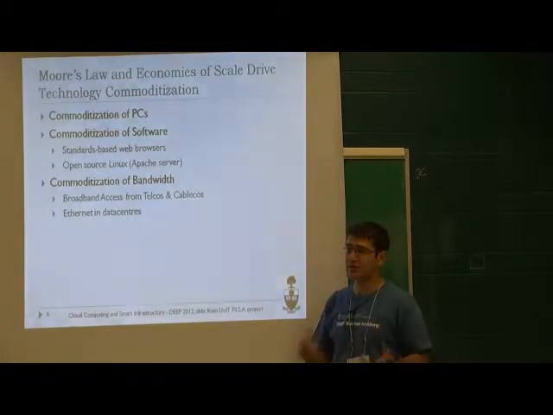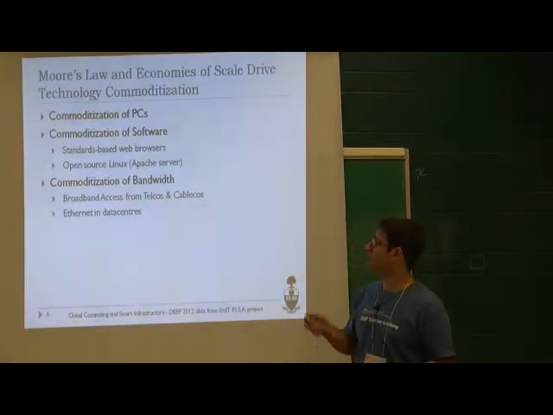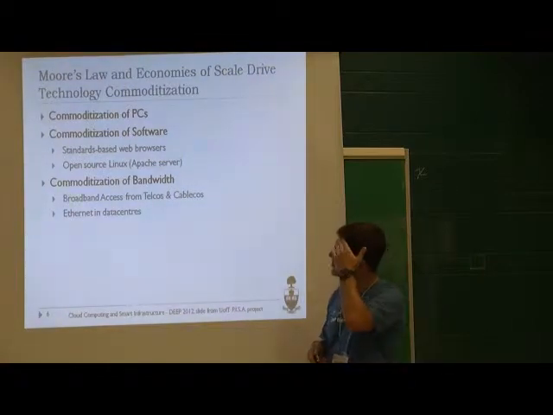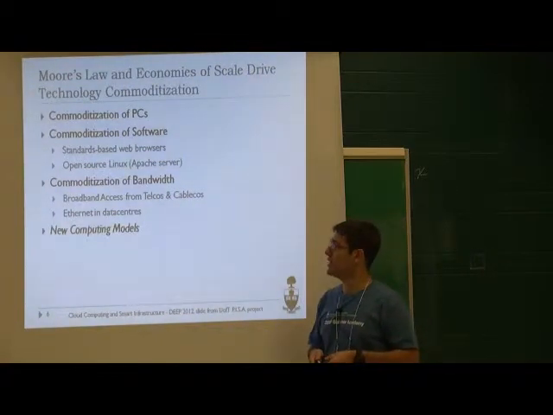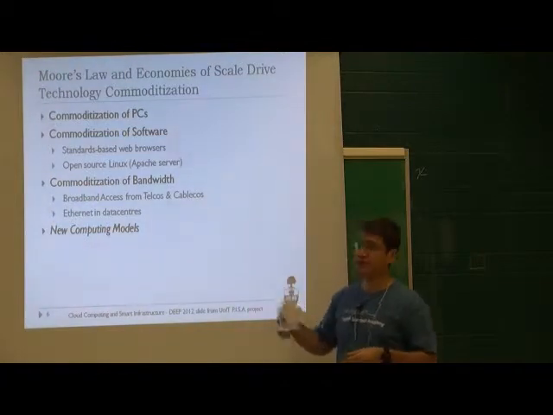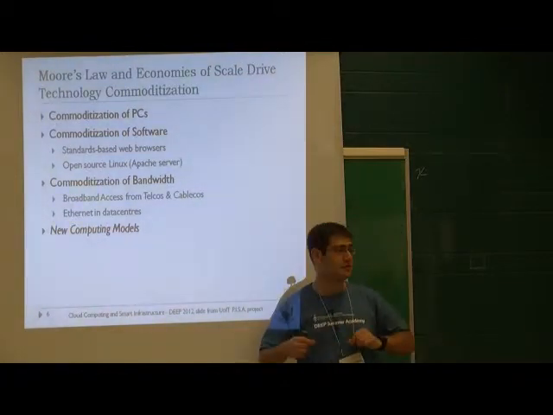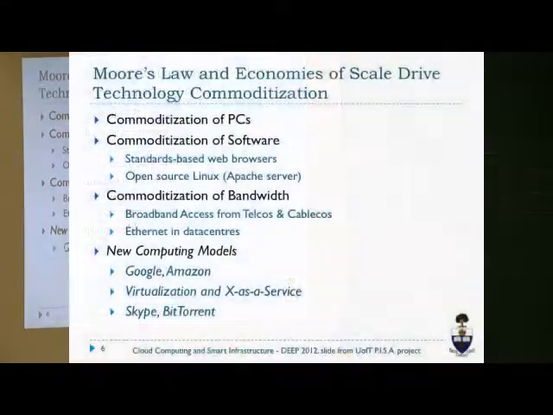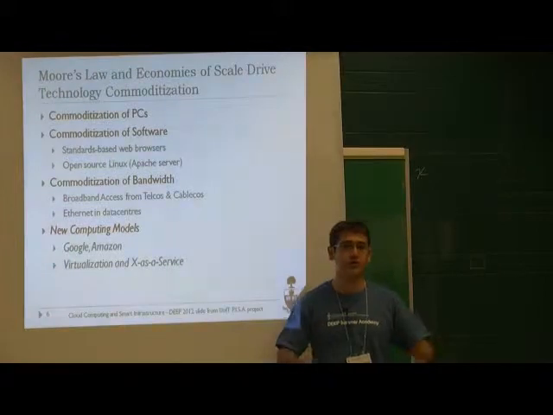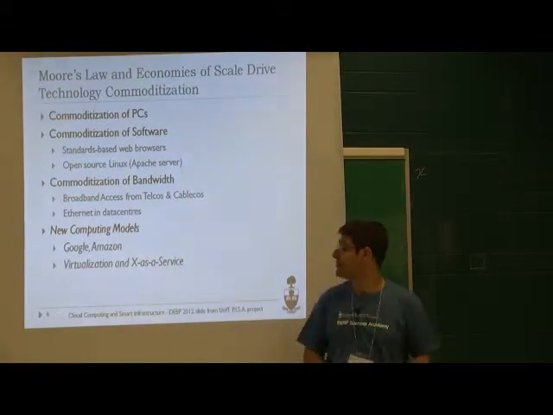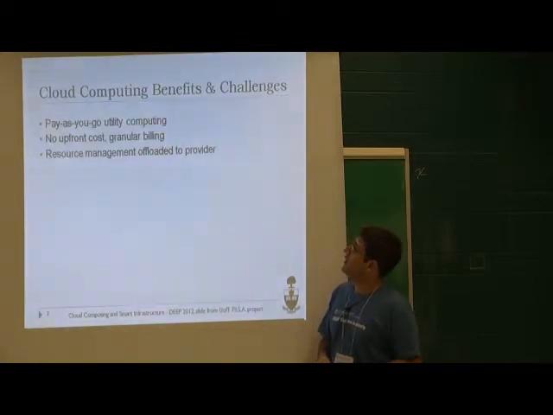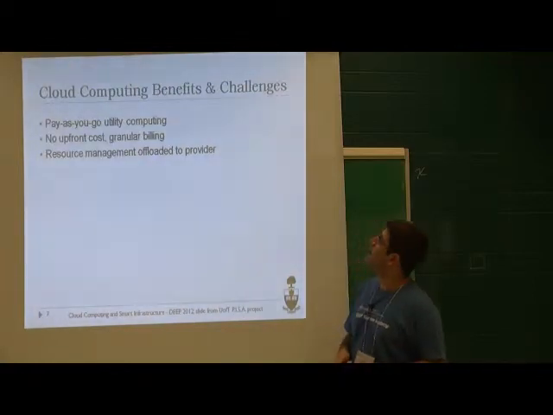Everyone has different types of software, and they have all become commodities. Bandwidth also. Now you have Ethernet in data centers between different servers, and you have new computing models, and you have virtualization. So we're already using cloud computing elements in our work, in our everyday life, you could say.